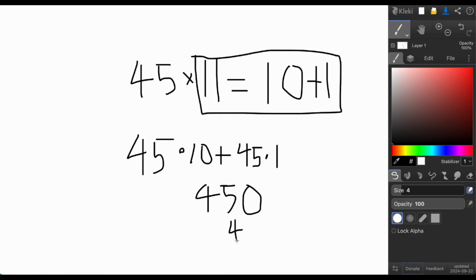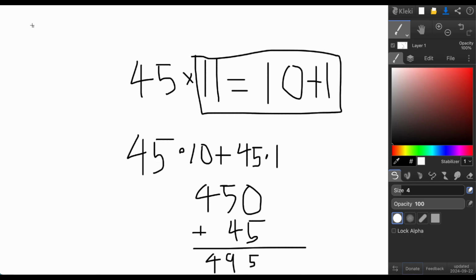Plus 45. Now, if you add this together, you notice you get 495. And you might notice something. 495 is 4, 5, and 4 plus 5 in the middle.